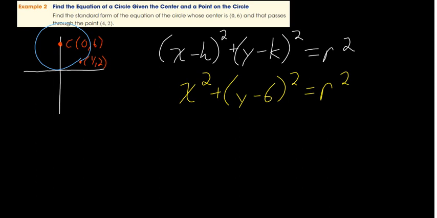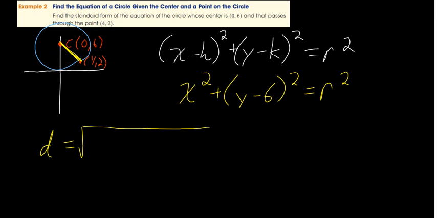Well, if you recall, r is just this distance, right? Well, lucky for us, we have a distance formula. So we're going to say the distance between C and that point, but it doesn't really matter, I guess. The distance is equal to the square root of the difference in the x's squared plus the difference in the y's squared.